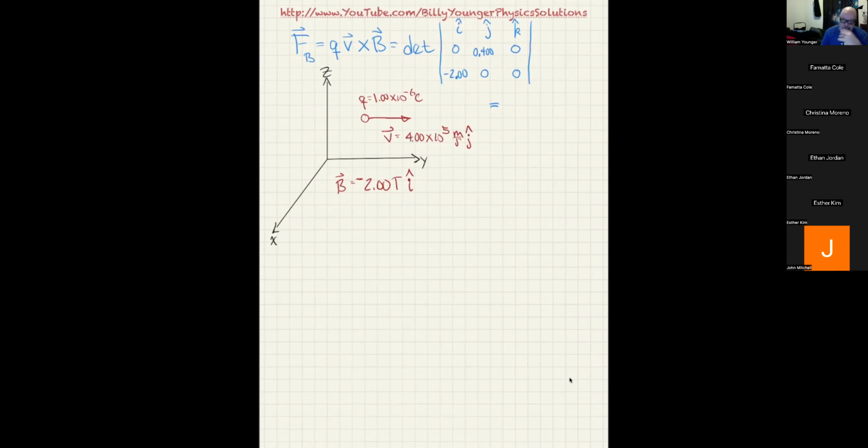So for instance, if I chose to multiply by I hat, then it's in the first row in the first column, which means I'm going to now remove the first row in the first column of this matrix and take the derivative, or excuse me, take the determinant of the remaining 2 by 2 matrix.